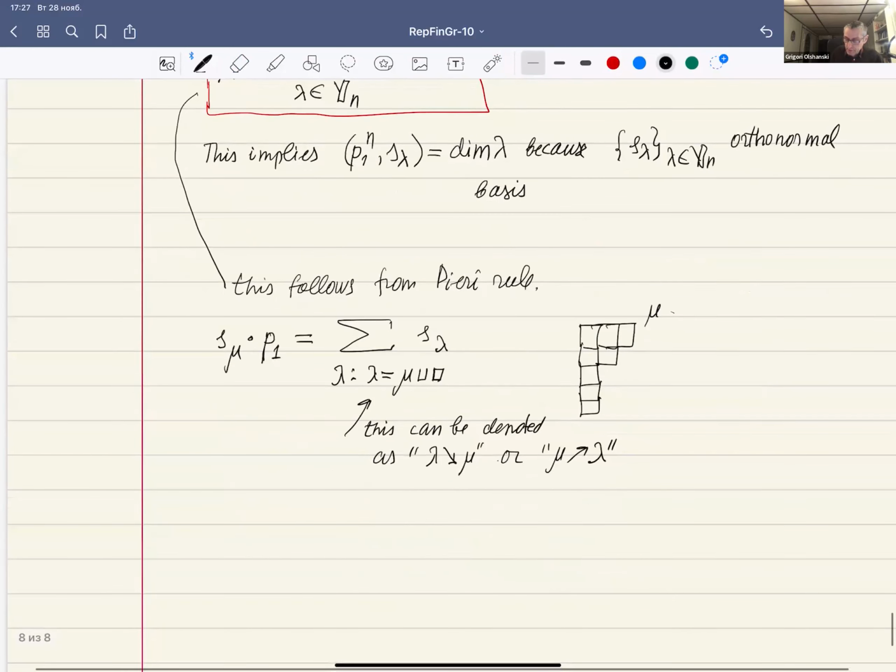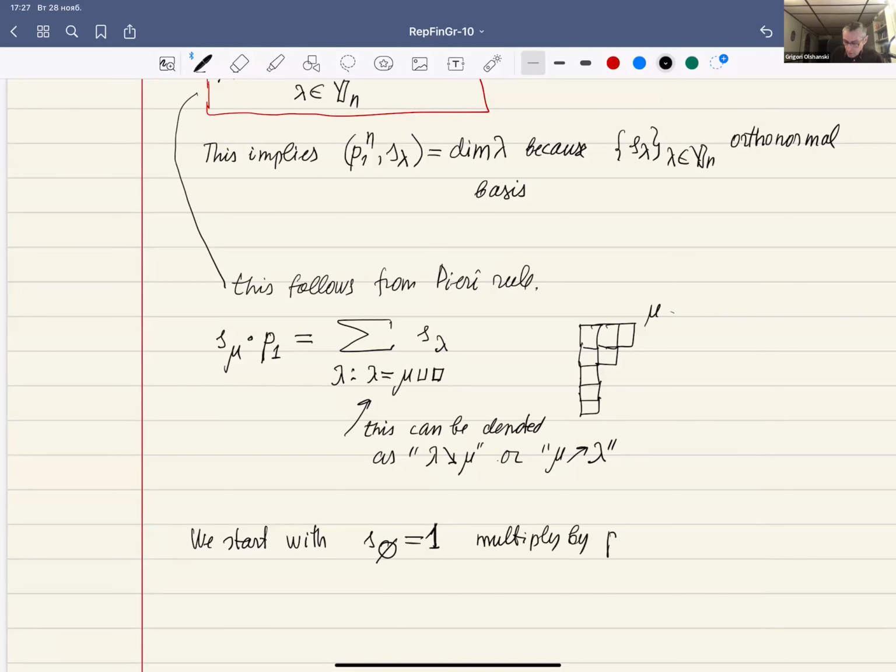But what does this mean now? We start with the Schur function which corresponds to the empty Young diagram. This is just the unity. We multiply it by p1.